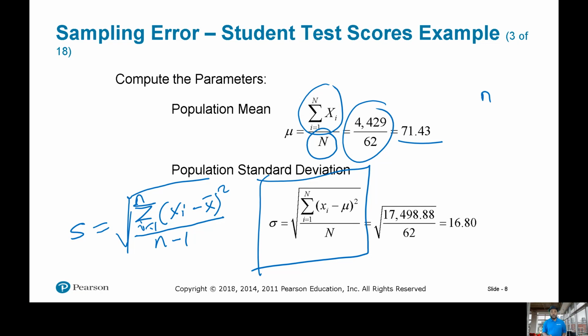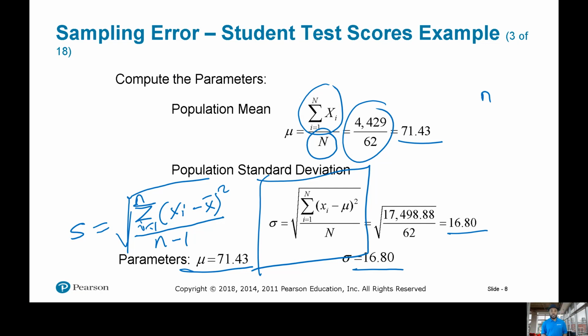All right. So the population standard deviation for these student test scores is 16.80. Our population parameters: the mean is 71.43 and the standard deviation is 16.80.